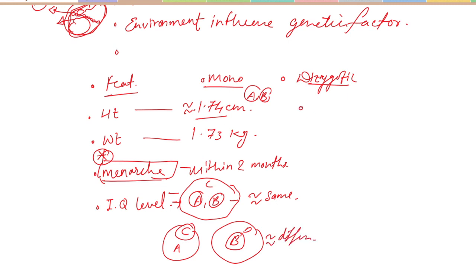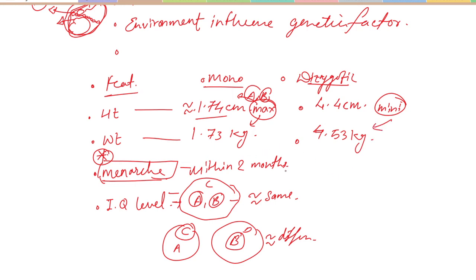Now we'll talk about dizygotic twins. The minimum difference between the two can be 4.4 centimeters. Earlier we talked about the maximum; here we are talking about the minimum. The difference in weight is 4.53 kilograms at minimum.